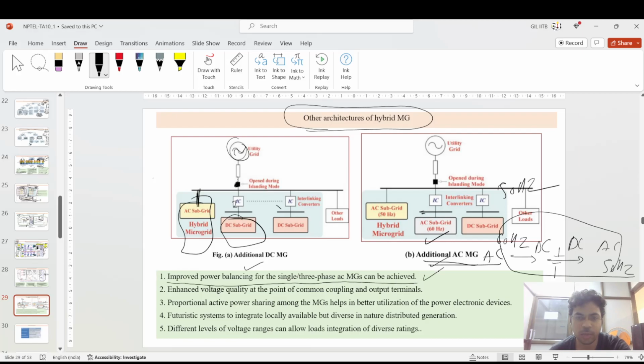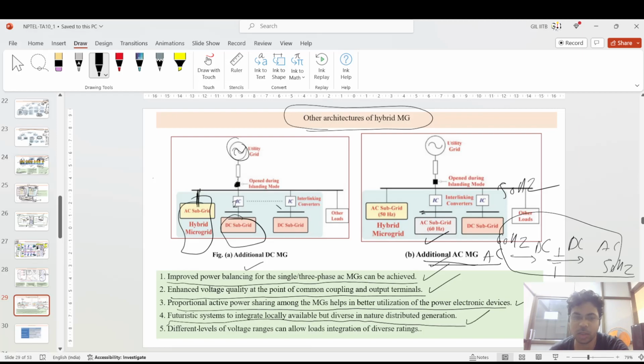So the important points are that improved power balancing for single and three-phase systems is achieved, enhancing the voltage quality at the point of common coupling and the output terminals. Proportional active power sharing between the MGs helps in better utilization of the power electronic devices.